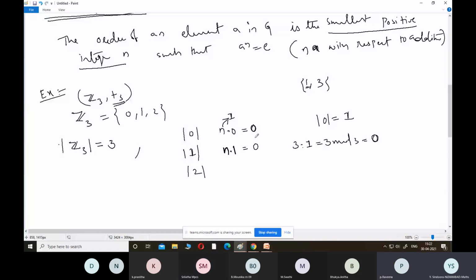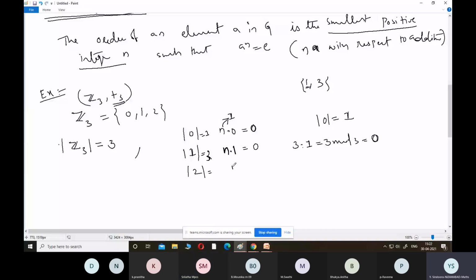Yes, ma'am. So what is order of 1? 3. It should be 3 for us. So order of 0 is 1 for us, order of 1 is 3 for us. What is order of 2? n into 2, when will it be equal to 0?